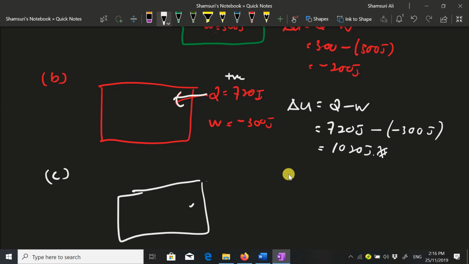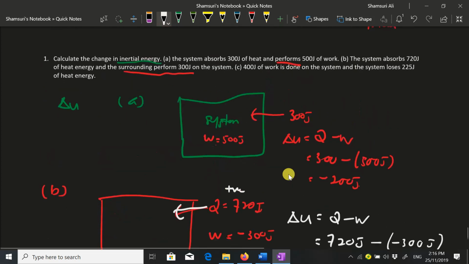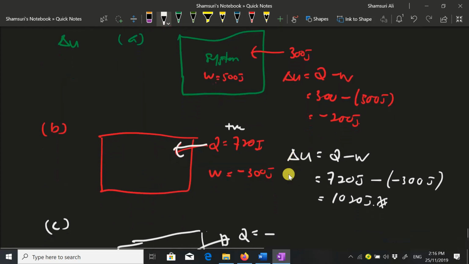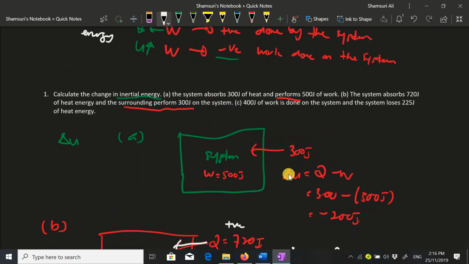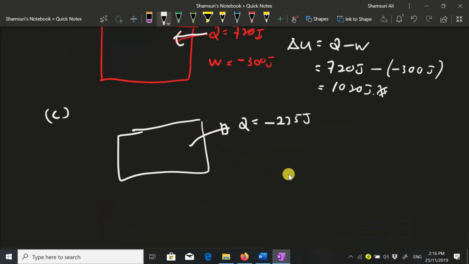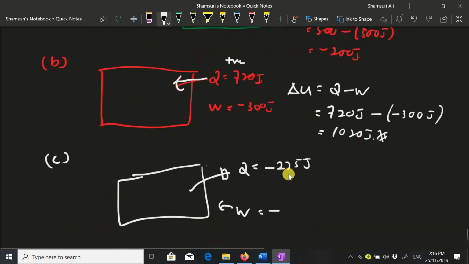Now the Q goes out, so it should be negative, the lost 225 joules. And then we know that this work is done on the system, which is negative, so it should be negative also, negative 400 joule.